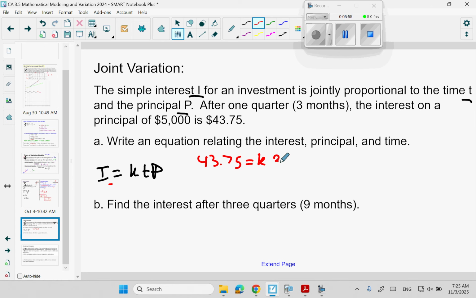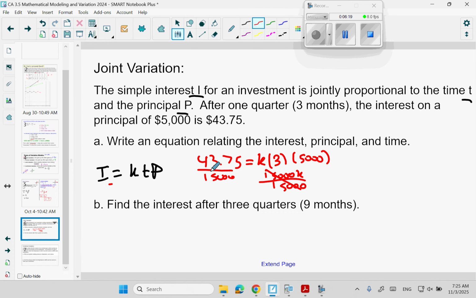I'm going to do 3 months, but you could do it in terms of quarters. You could also do it in terms of years. So you could put 1 right there. You could also put 1/4 right there. Either would be fine. And principal of 5,000. That's going to give me 15,000k. I can divide by 15,000.